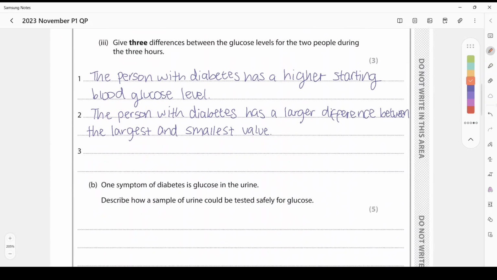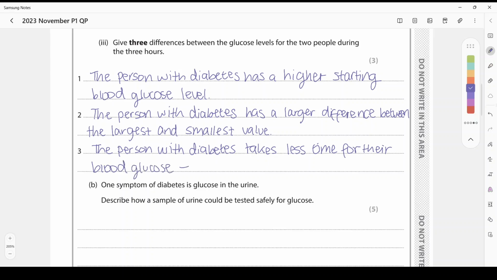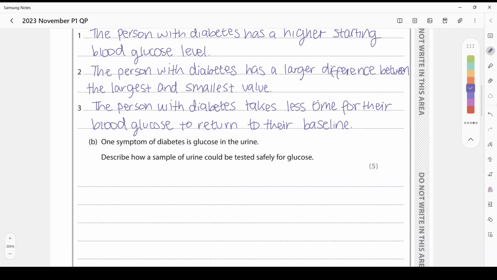So we can say that the person with diabetes takes more time for their blood glucose to return to their baseline. All right.